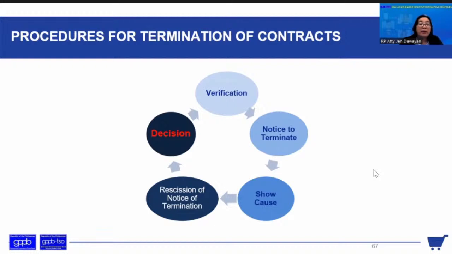And then within 7 calendar days from receipt of the notice of termination, the supplier or the contractor will submit now the verified position paper stating why the contract should not be terminated, and it will show cause dapat, or i-explain niya kung bakit hindi siya dapat ma-terminate yung kontrata.